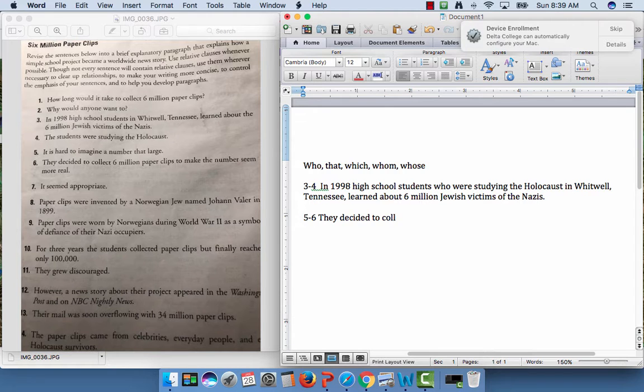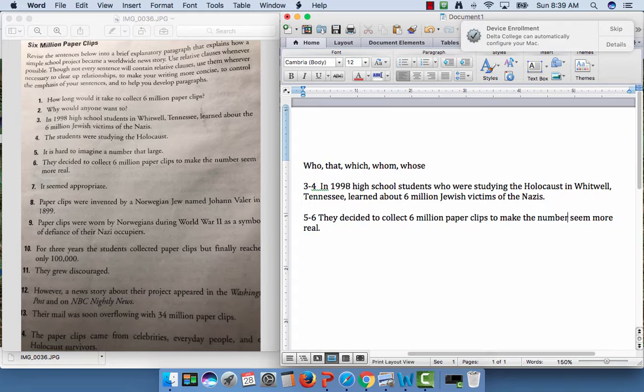They decided to collect 6 million paper clips to make the number seem more real. Now, where is number? Right here. Now, I've got hard to imagine that large.